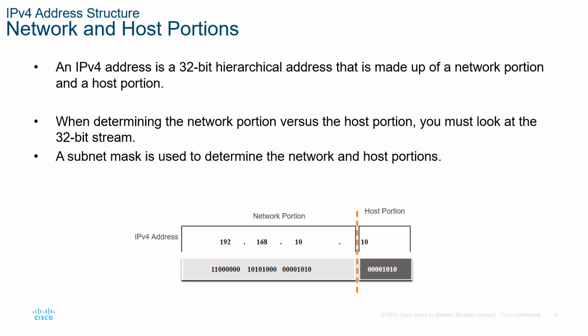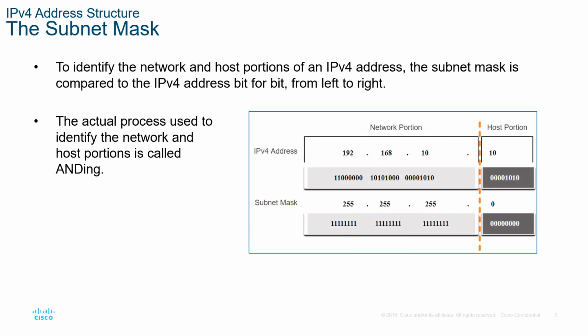A subnet is also a 32-bit stream of binary numbers, also broken up into 4 groups of 8. Subnets will always be straight ones to a point, and from that point there'll be zeros. You will not find intermingled ones and zeros. It will be a string of ones, then a string of zeros.